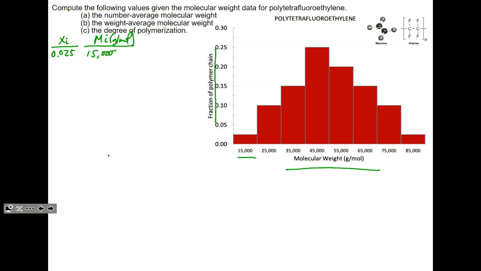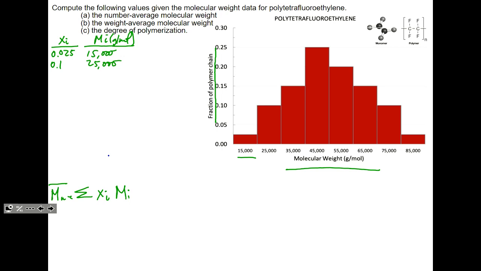And so in order to calculate the number average molecular weight, the definition of that is equal to the summation of xi times mi, all of those weighted fractions. So let's read off the plot here. Here, 0.1, or 10% of your polymer, has 25,000 grams per mole, okay?